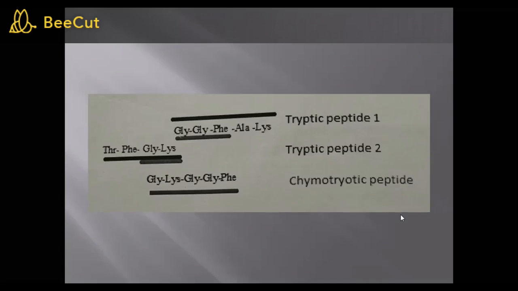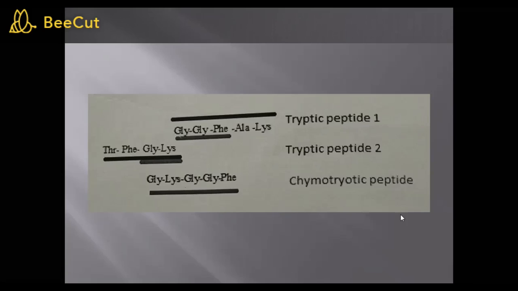Likewise, different enzymes are present. The next example of an enzyme is chymotrypsin. This chymotrypsin will cleave at amino acid residues that are aromatic, such as phenylalanine. After such aromatic amino acids, the chain will get cleaved.